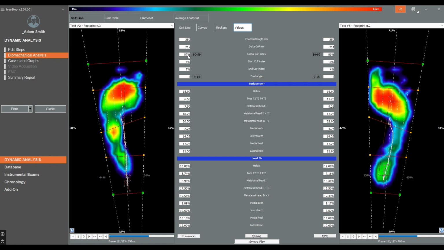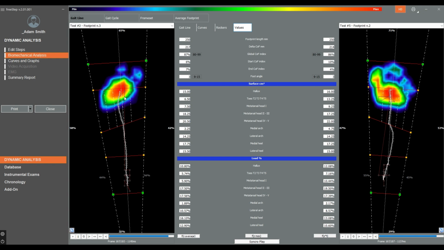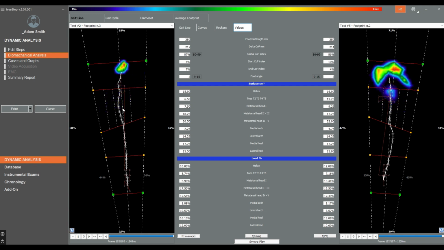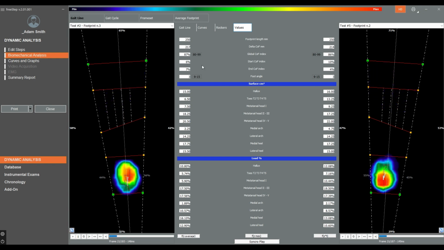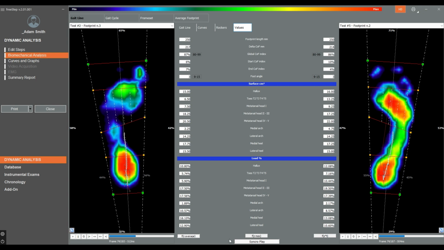Numbers wise, his centers, the amount of force he's using for his feet, is reasonably the same and within normal limits, but a very straight foot on this side, and the exact same number on the other side. So both straight, like he's skiing.